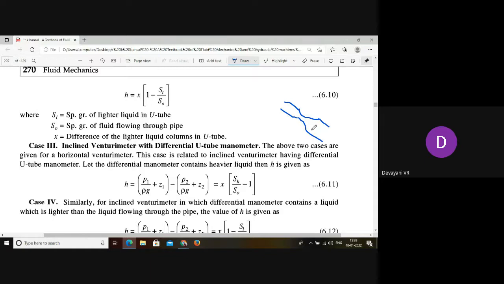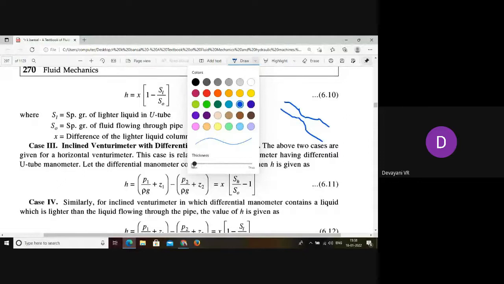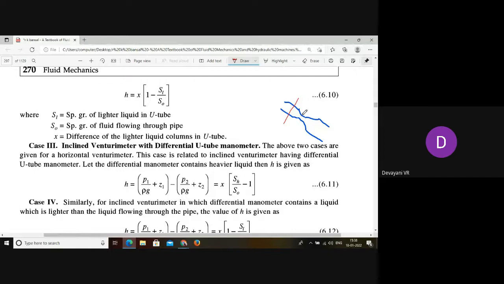This is the inlet and the convergent, and this is the throat. This is the convergent, the shortest one, and this is the throat, and this is the divergent for the inclined venturimeter. And here also we are going to insert two piezometers at section 1 and section 2, that is at the inlet and at the throat, and by applying Bernoulli's equation we can get the same equation as the normal type of venturimeter.